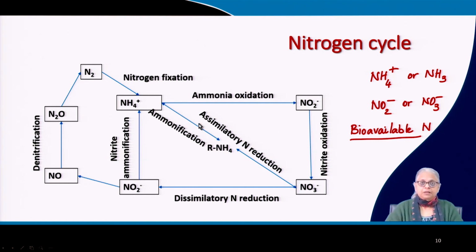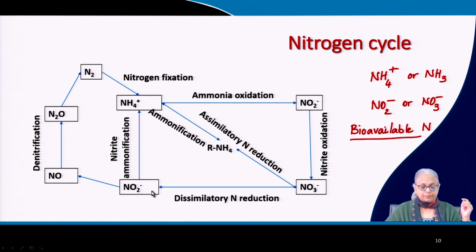So a very simple schematic to explain all these processes is shown over here. So you have nitrogen gas in the atmosphere, it's fixed by, and each one of these processes is mediated by either one group or one species of bacteria or by several bacterial species. So you have nitrogen fixation, conversion of inert nitrogen to ammonia, ammonia oxidation to nitrite and nitrate, so that's nitrite oxidation, then what we call dissimilatory nitrogen reduction and nitrite ammonification, so the conversion of nitrite and nitrate to ammonia and into the biomass.